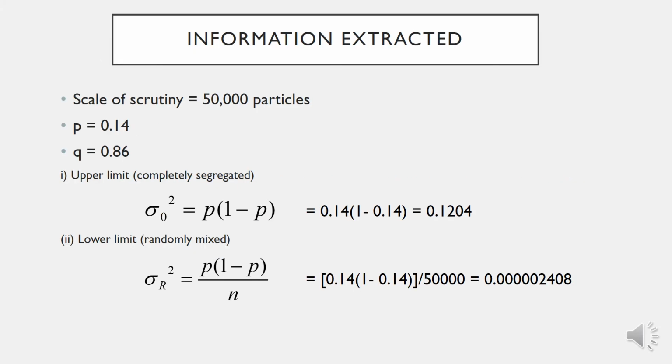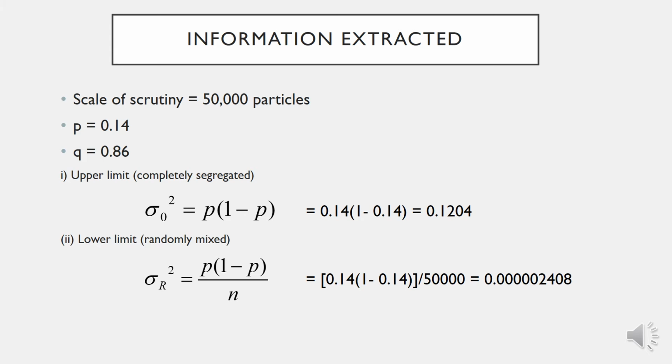All right. The information we managed to extract from this question is that the scale of scrutiny is 50,000 particles, and P and Q. Now we are using a binary mixture. P is the fraction of drug that we have in the mixture, and Q is the fraction of excipient. We mentioned that by using the Lacey mixing index, we are almost like running a marathon.